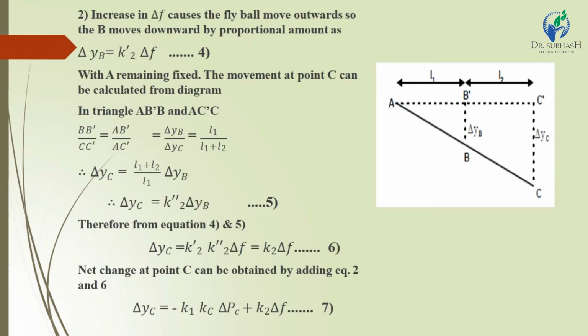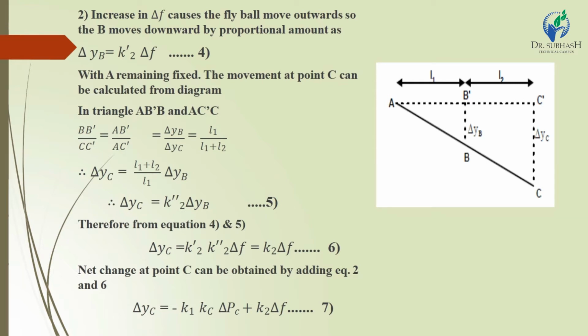The second point is that an increase in delta F causes the fly ball to move outward, so point B moves downward proportionally to the movement. This is shown in the figure. Equation number 4 shows that delta YB is equal to K' into 2π delta F. With A remaining fixed, the movement at point C can be calculated from the diagram.